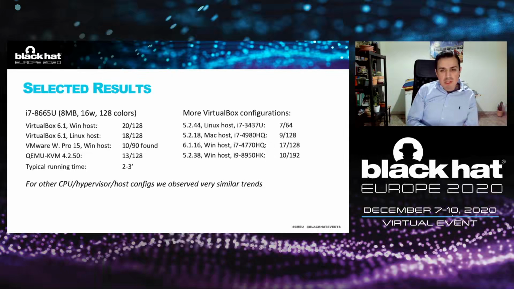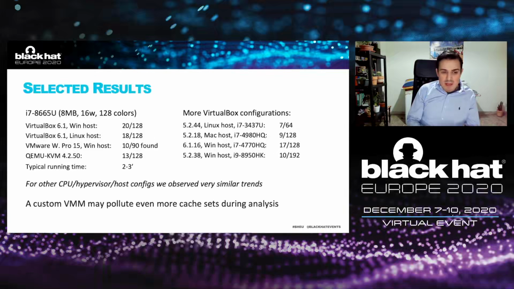And we observed in general the same with other CPU and hypervisor combinations, while on a native execution you don't see evictions, or you might get some, 1 or 2, evicted because the system workload was high. Here we consistently got several sets that were being evicted, and the interesting part is that if you're running on a custom virtual machine monitor that performs, for instance, analysis at the hypervisor level, you might be polluting even more cache sets.